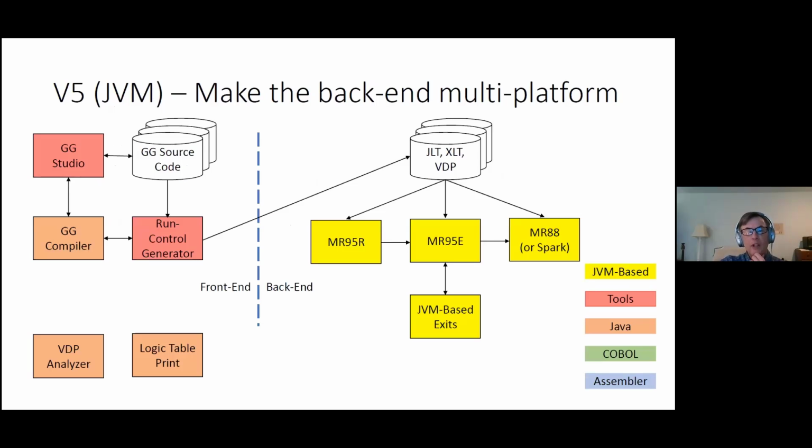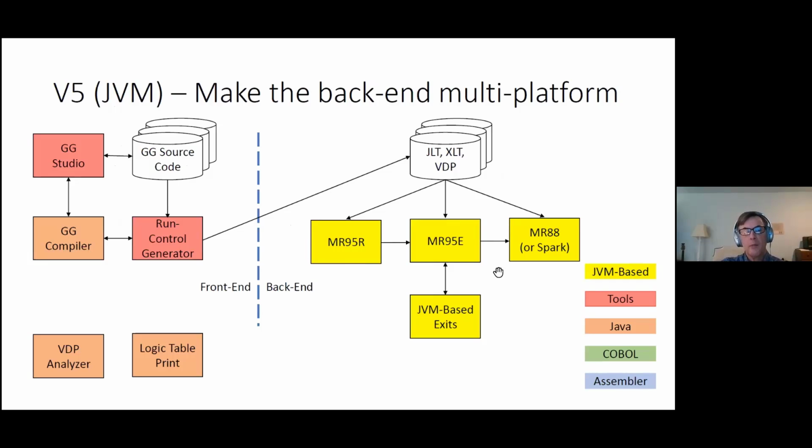Okay, so now here's another option. Once we switched over to this new front end, we probably have a better platform for the future to change the back end to be Java virtual machine compatible. So rather than running everything in assembler, we could recode these things in some JVM compatible language like Java or Scala or Groovy. So we'll see if somebody wants to take that task and move that forward.